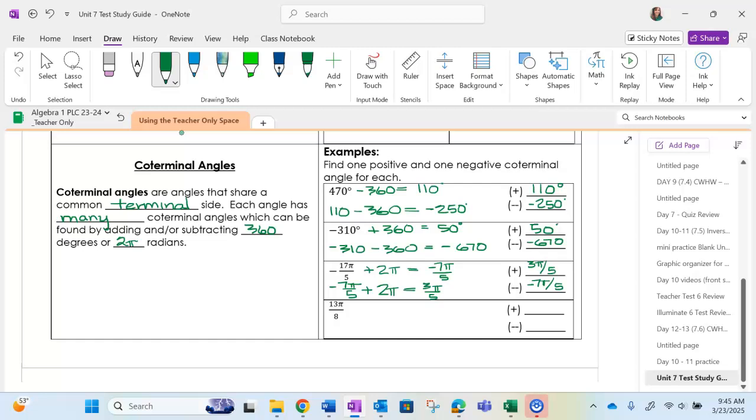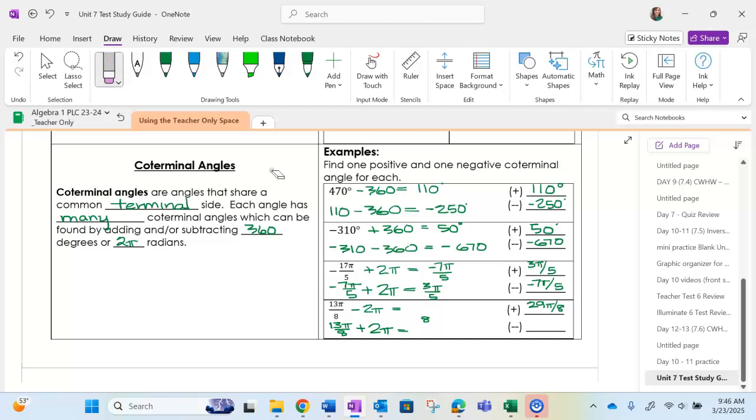Okay? All right, let's try this one. 13 pi over 8 is positive. Let's try subtracting 2 pi. And when you do that, you get negative 3 pi over 8. Sorry, let me back up.